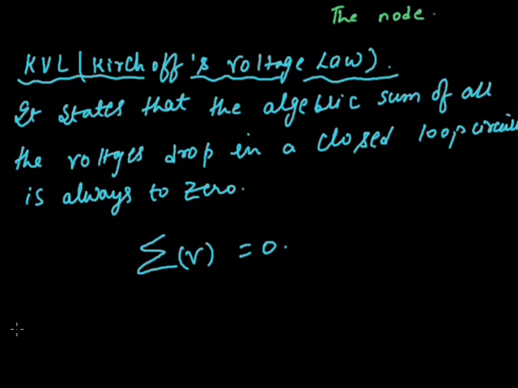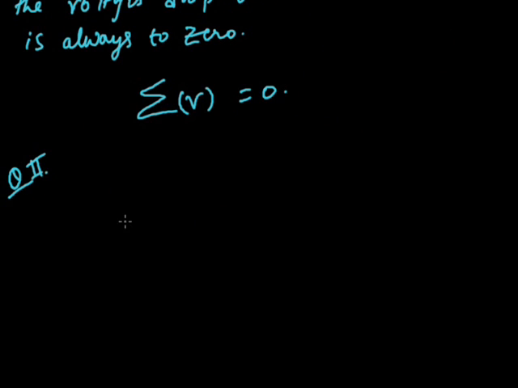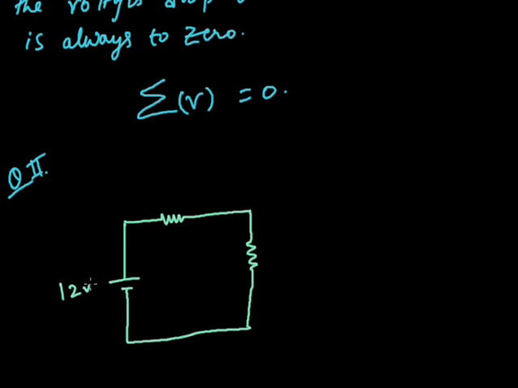So now we will apply the above. This is the first problem based on KVL. Suppose this is a given circuit, and here a battery of 12 volt, here plus minus, this is the positive terminal, this is the negative terminal, this is a resistance of 2 ohm, and here a resistance of 6 ohm is connected across the circuit.